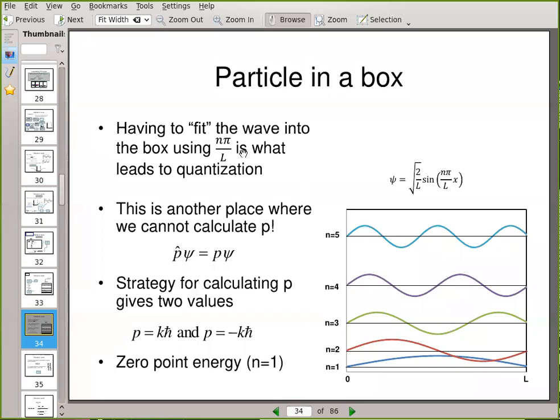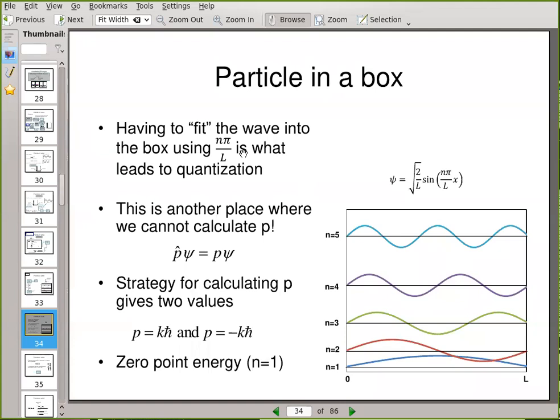So if you're becoming certain about the position, then you're going to become less certain about the momentum of the particle. And of course, if you're not certain about the momentum of a particle, you can't say that it has zero energy. So this particle can't have no energy. Instead, it's got a zero point energy where n is equal to 1.